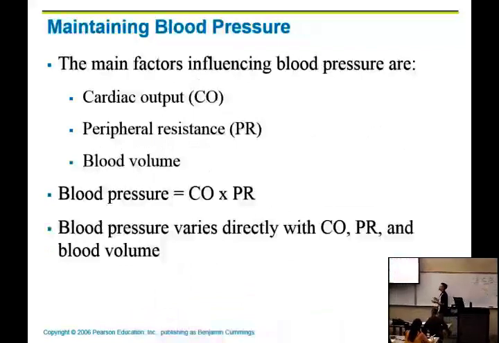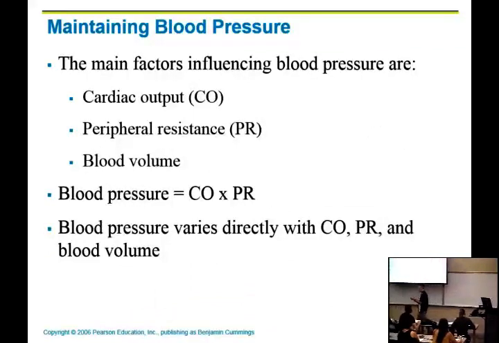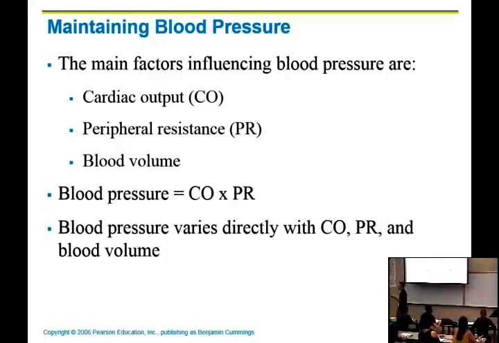Okay, so what we've seen is we started talking about the heart, we then talked about the blood vessels, and when we think about it, right, it's all part of one circuit. And so there are changes or activities that can happen in either place on the circuit that then affect blood flow.